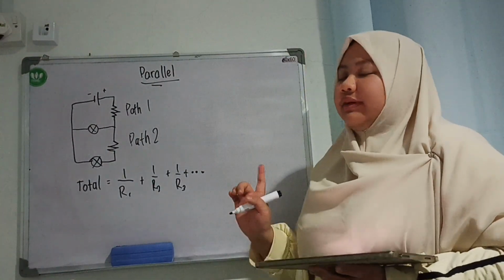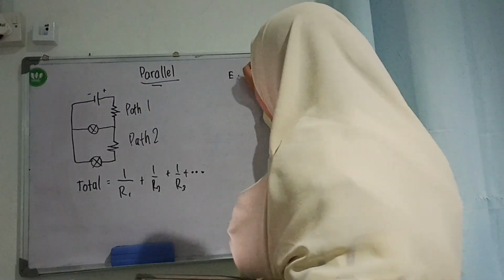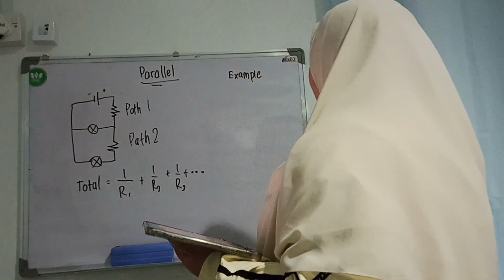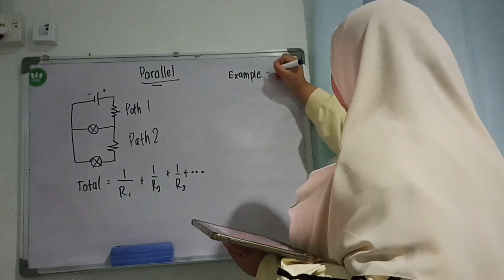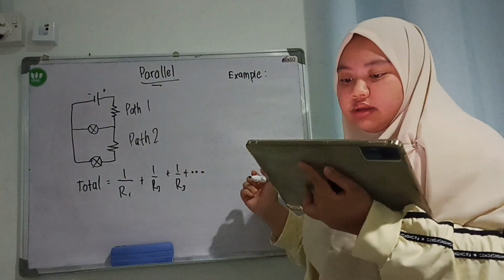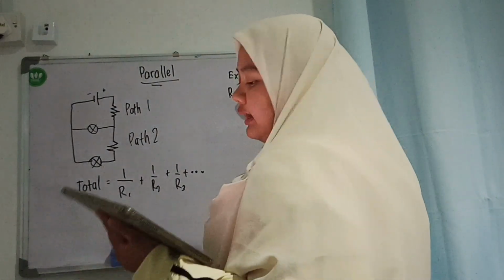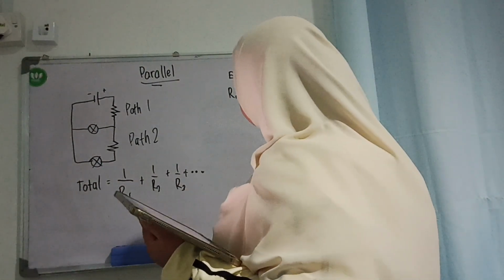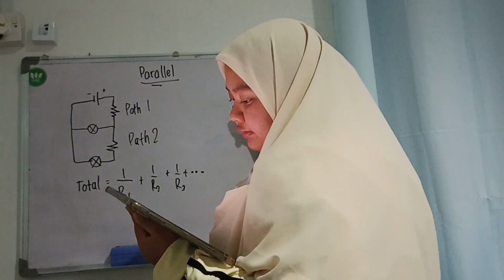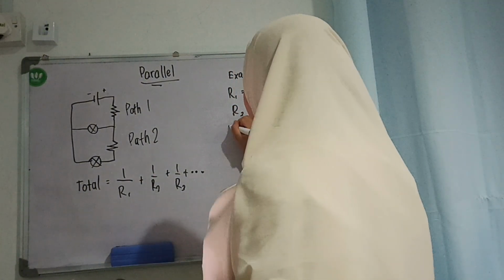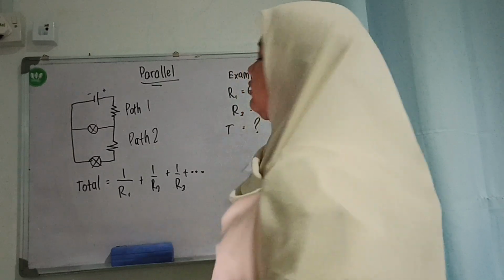So let's solve an example. We have R1 as 6 ohm and R2 as 3 ohm. Find the total. We're trying to figure out what the total is.